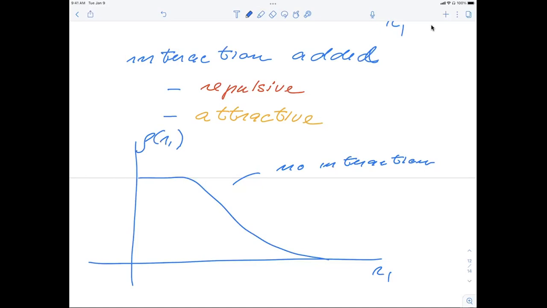Now, if I plot this for a repulsive potential, let me try to trigger your intuition here. This is a case with no interaction. If you add a repulsive interaction, how would this one body density look like? Would it be shifted towards larger values of R1, or would it be pulled in towards smaller values of R1?